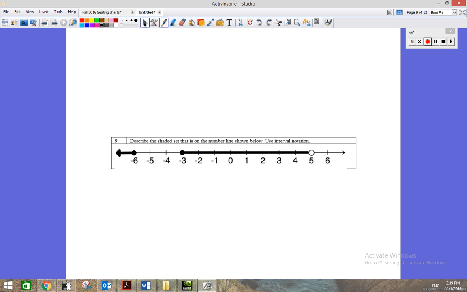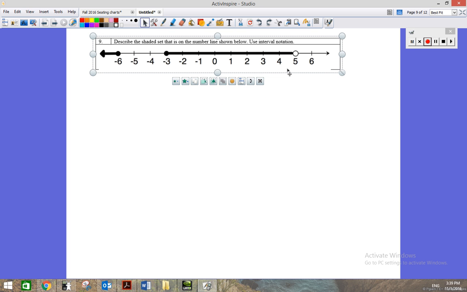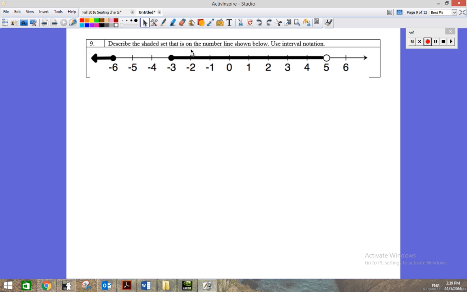So now they give me a problem that is not multiple choice. I have to produce my own answer. The arrow is shaded, so I know that's negative infinity. Negative infinity is as small as it gets, so there's not a number smaller, and it goes smaller number, comma, a larger number, -6. Since that's a solid dot, I have a bracket here.